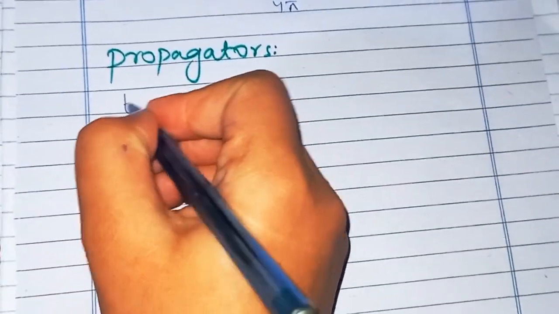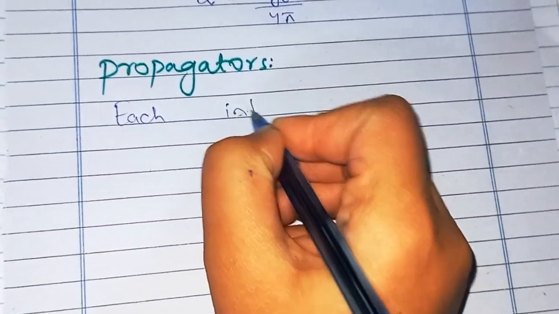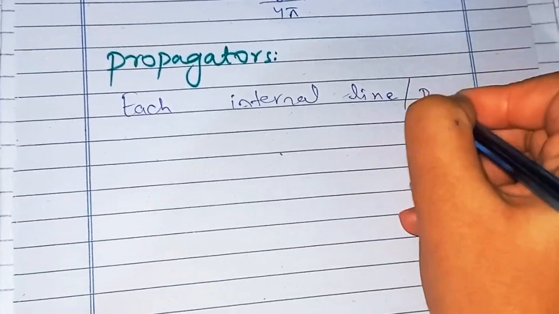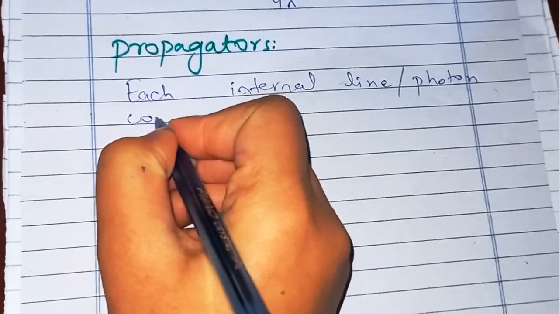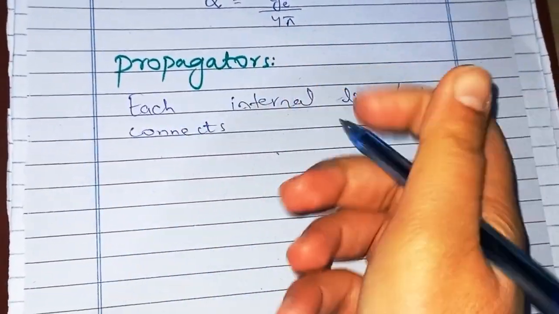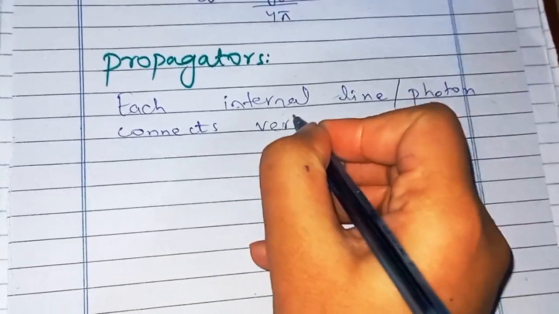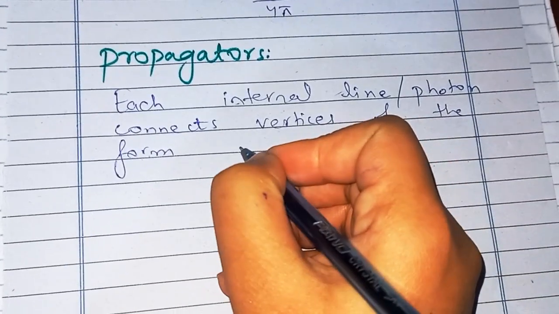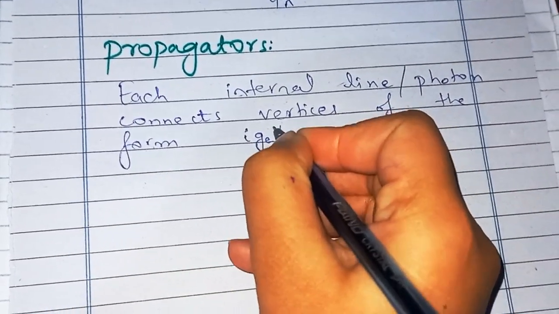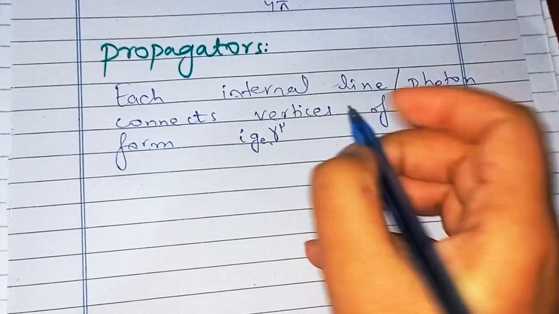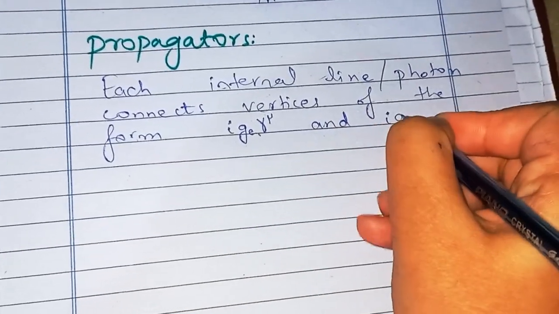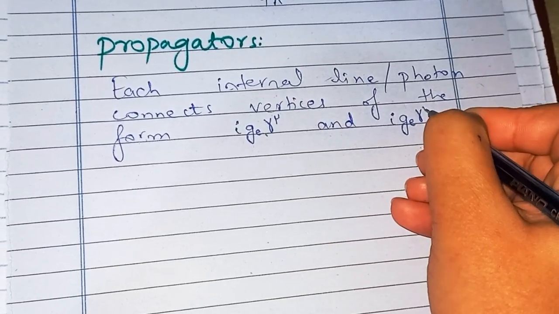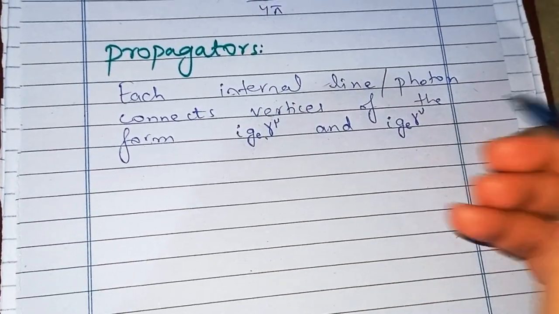Each internal line, photon or particle, connects the vertices. We have two vertices, one with the vertex vector gamma mu where the emission is occurring, and another vertex vector where the absorption is happening by the positron.